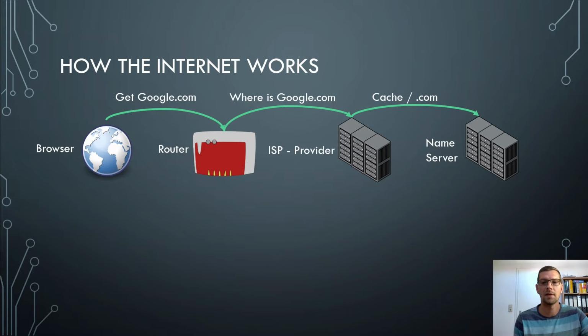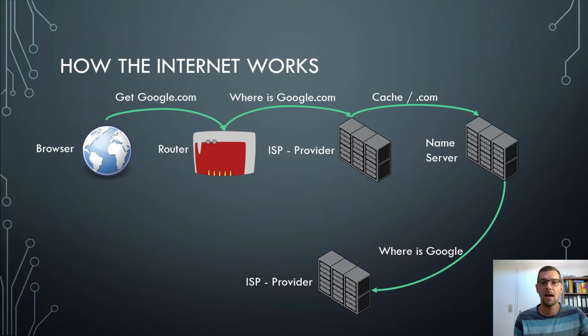So we ask the name server, and the name server goes then to another internet service provider, but this time the one where Google actually sits, and says, hey, where is Google?